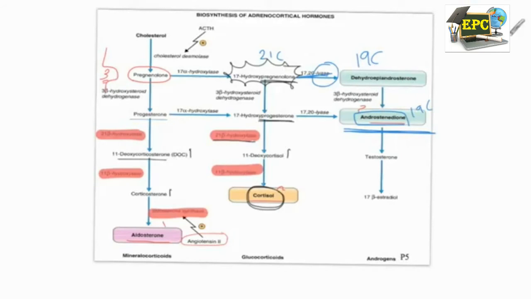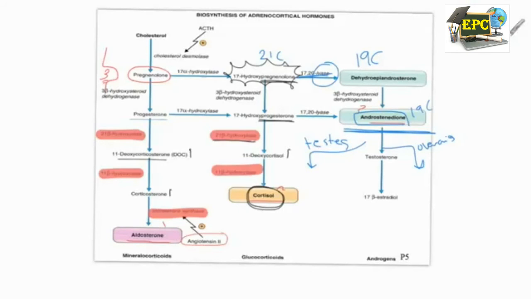Whatever continuation of the androgen modification of the hormones would occur either in the testes in the males, or in the ovaries in the females. So in the testes, we take this androstenedione, which is a weak androgen.